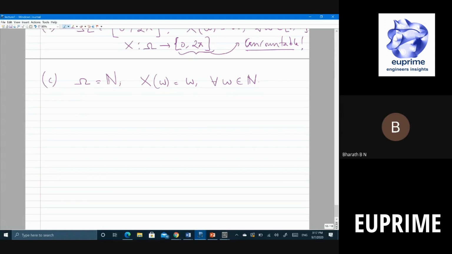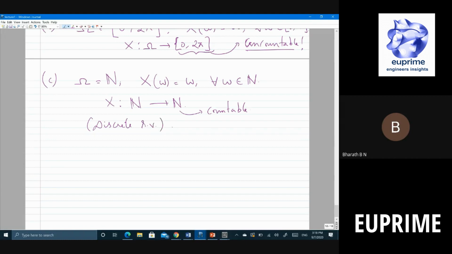That can be 0, 1, 2, 3, and so on until infinity. So this is a mapping from omega, which is N, to N. It's an infinite number, but it's countable. Is this discrete or continuous? Anyone? Discrete, sir. Discrete, right? So this is a discrete random variable.